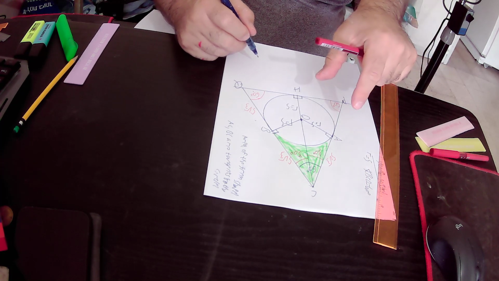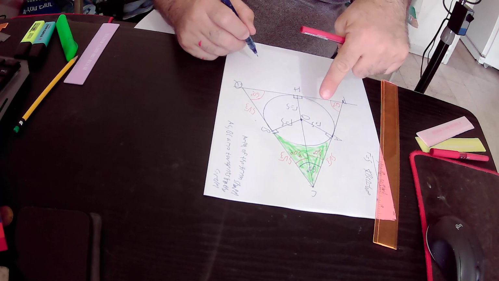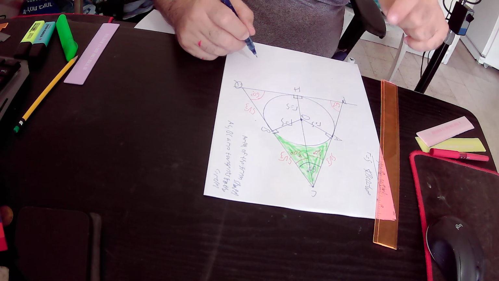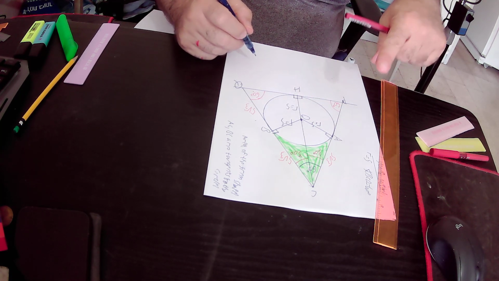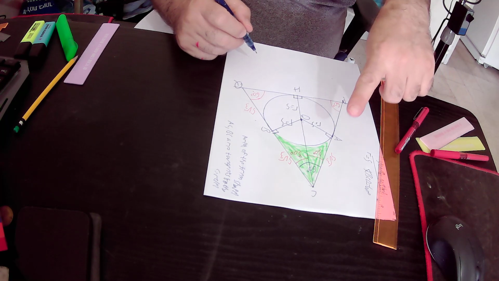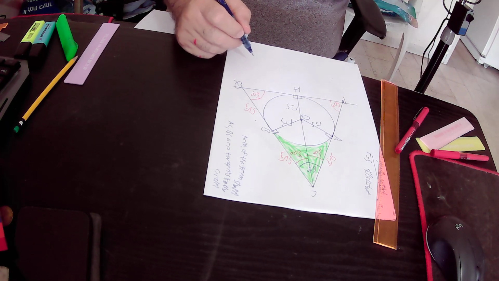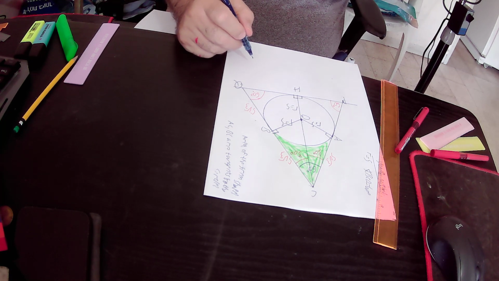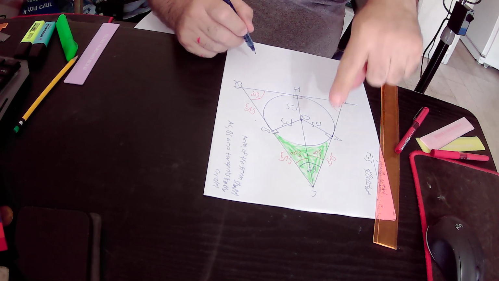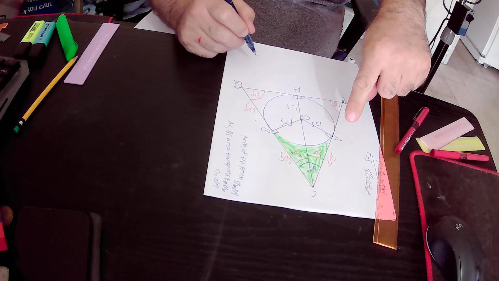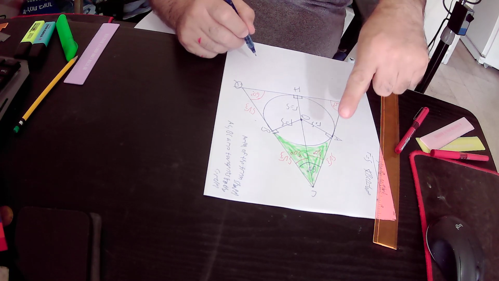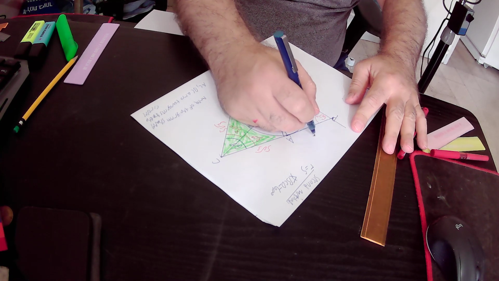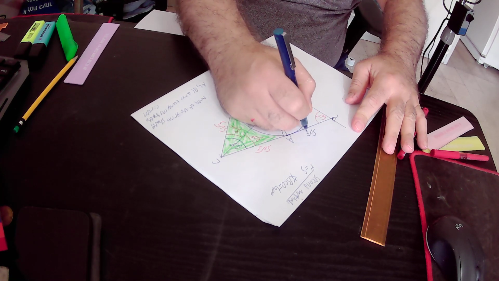So the height from the center of the triangle, that is point O, divides the side PC into two equal parts. That is to say AC equals AP. But we know that AC equals 5 times root 3 and AP equals AC. So AP will also equal 5 times root 3 units.